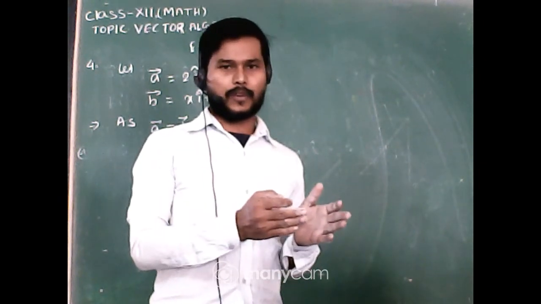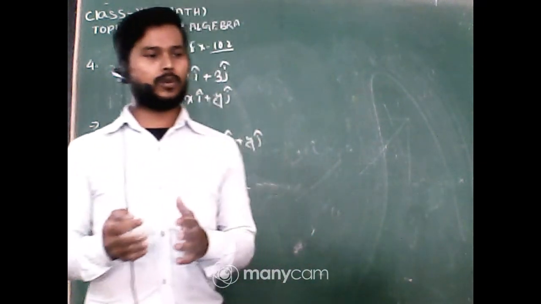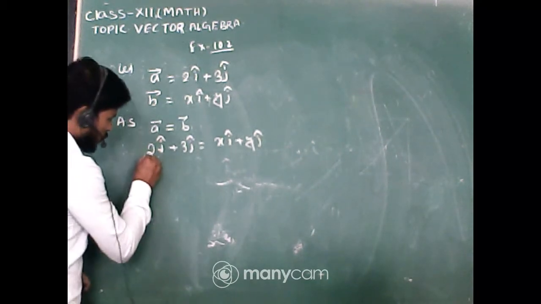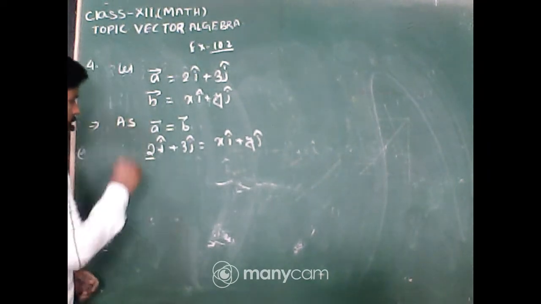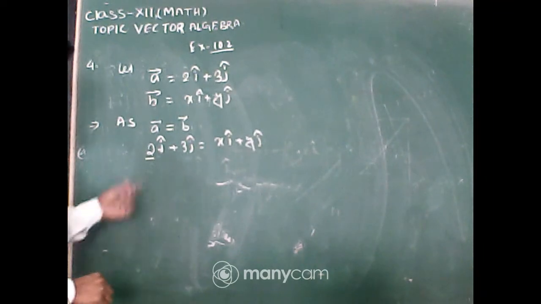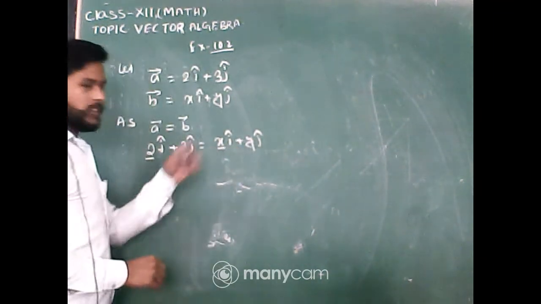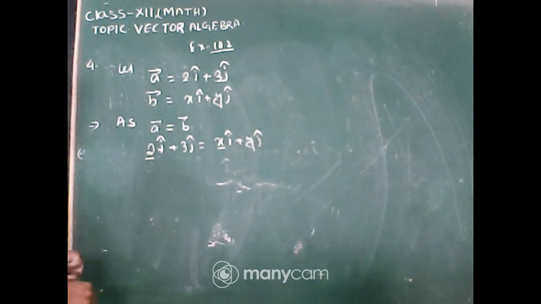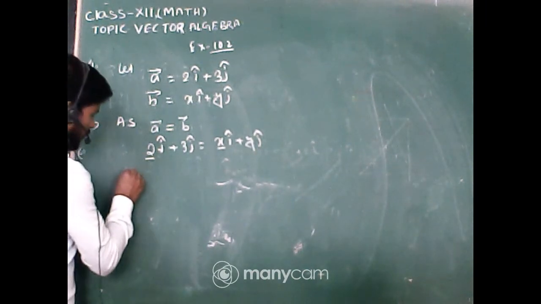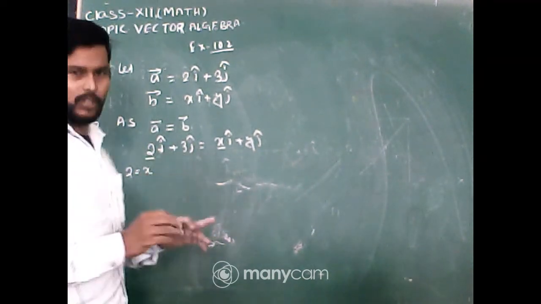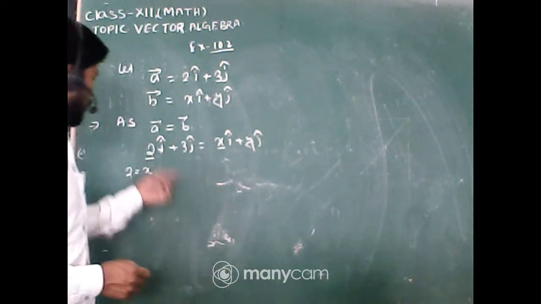This means the coefficient of i in the left hand side will be equal to the coefficient of i in the right hand side. Actually, 2 is not the coefficient, it is the component of i.